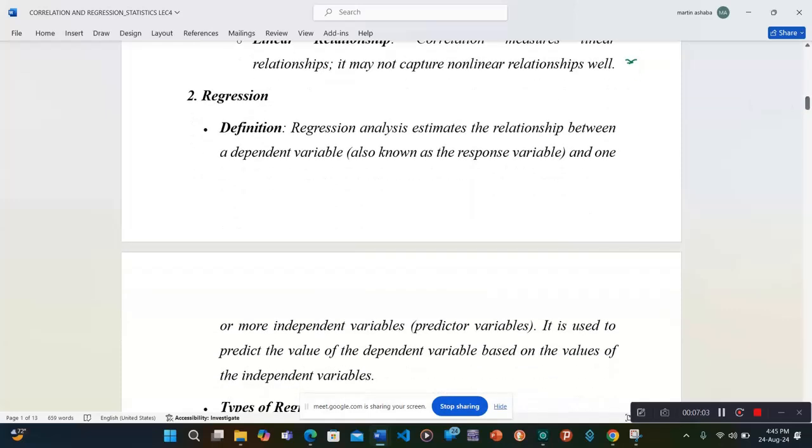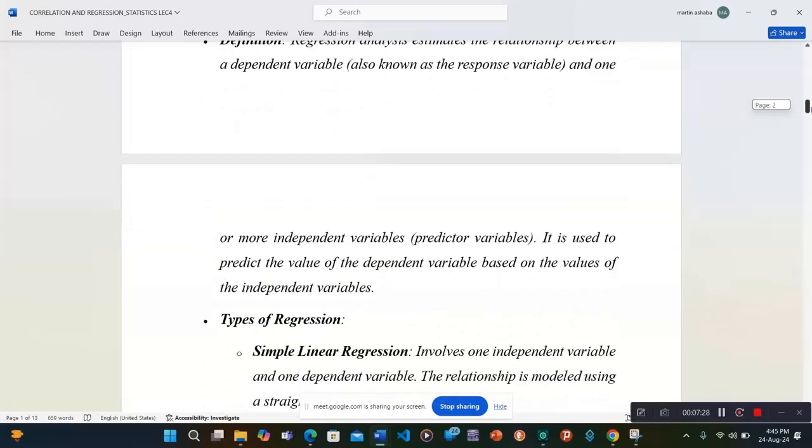Then regression analyzes the relationship between a dependent variable, also known as the response variable, and another one, which is called an independent variable or a predictor variable. It is used to predict the value of a dependent variable based on the values of independent variables.